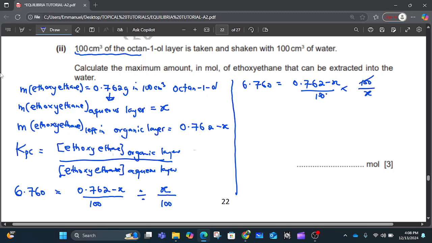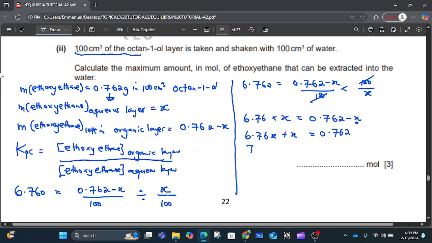So we can cancel the 100 on top and below. So it means that we get 6.76 times X is equal to 0.762 minus X. So if we move this X across the equal to sign so that we can group like terms, we get 6.76X plus X, which is equal to 0.762.